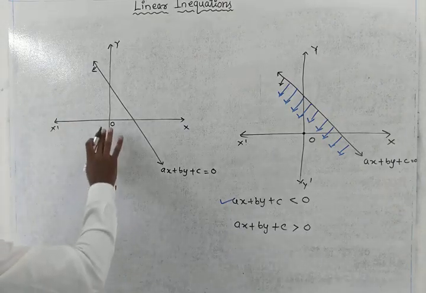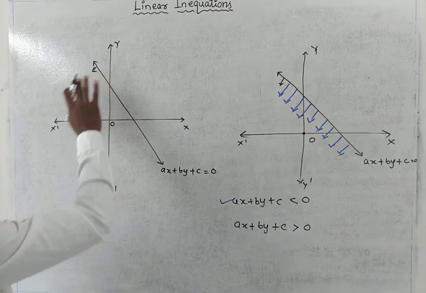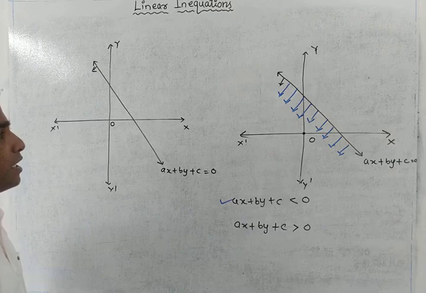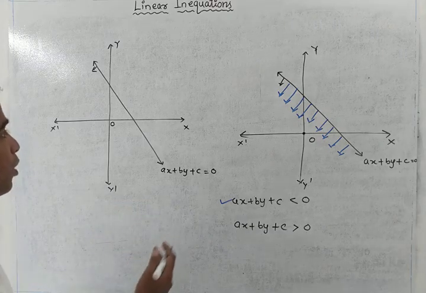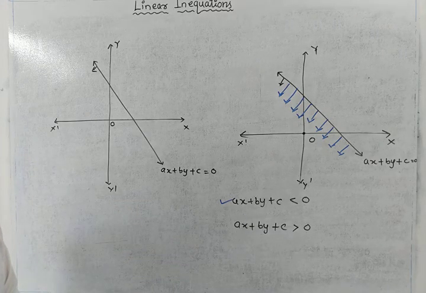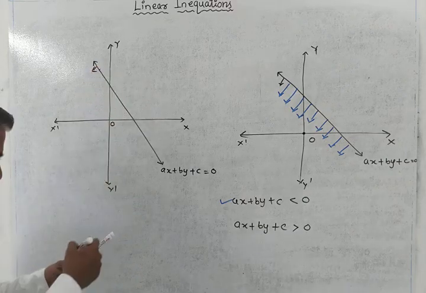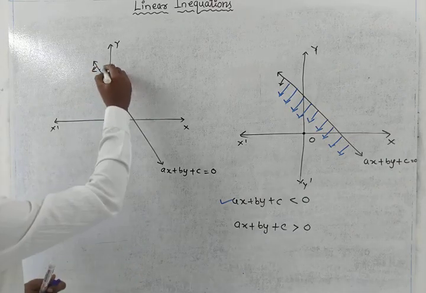First we have to understand which is the face towards the origin, that is marked. And now for this case, the values of x are always on the side opposite to the origin, that is, away from the origin. So that part is this.